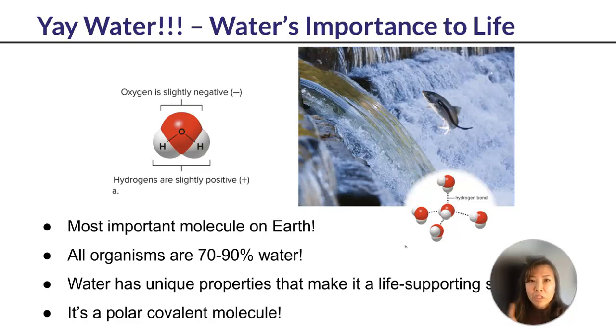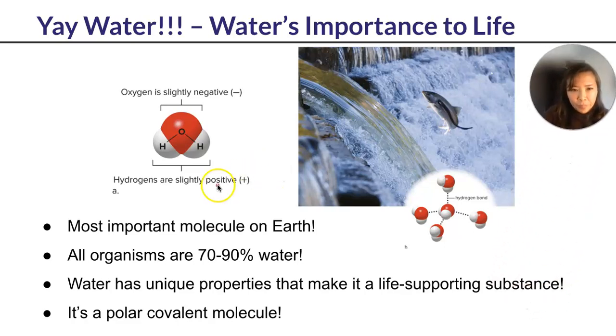So again, just to recap, water is a really important molecule on the earth because we're made mainly of water. A high percentage of our body is made of water. The planet is covered in water, and water has these unique properties that help it sustain life.